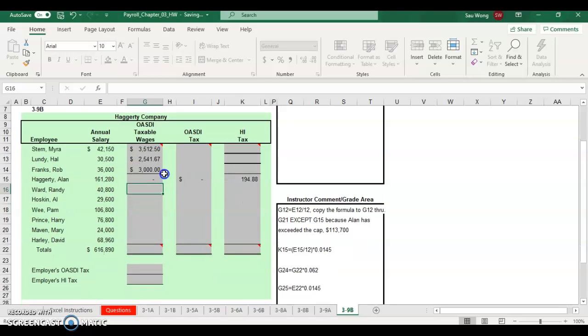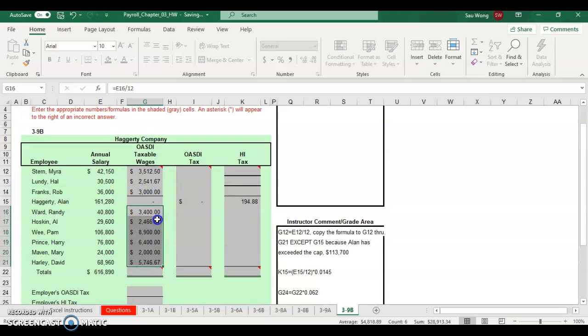And we need to copy this formula, hit the copy, and then go down to here and drag on, hit enter, then you copy all the formula from G14 through to G16 through G21.